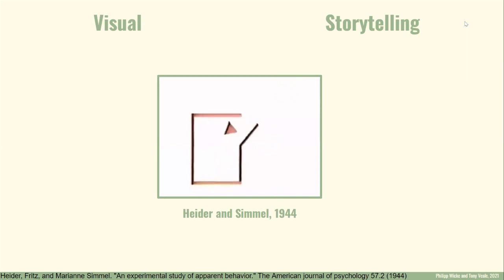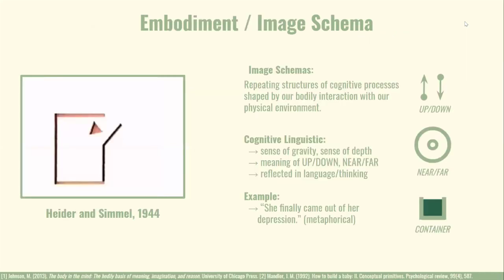We took this idea from there and looked at image schemas. This is also a concept from cognitive linguistics. Image schemas are thought to be repeating structures of cognitive processes shaped by our bodily interaction with the physical environment.